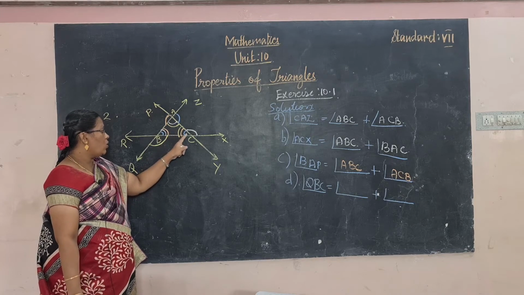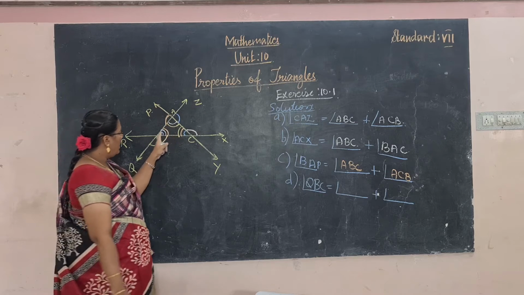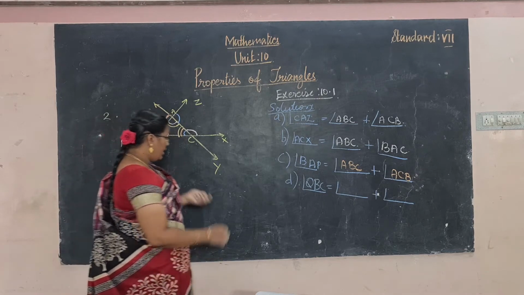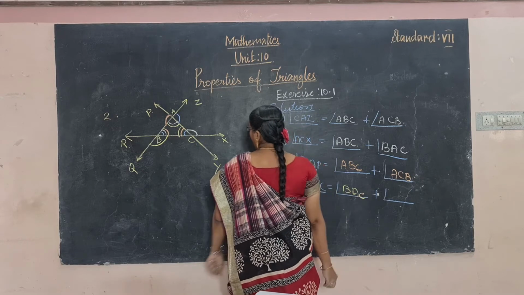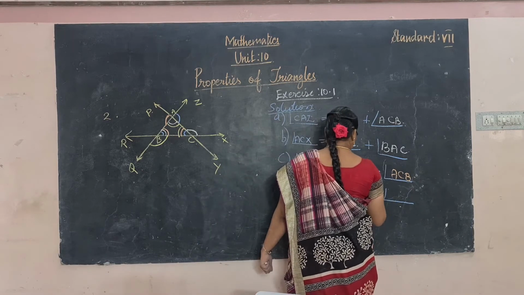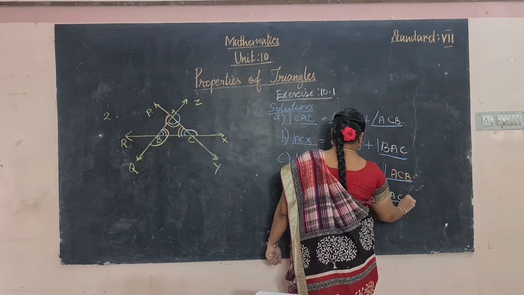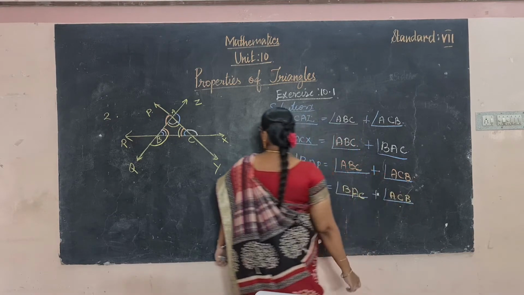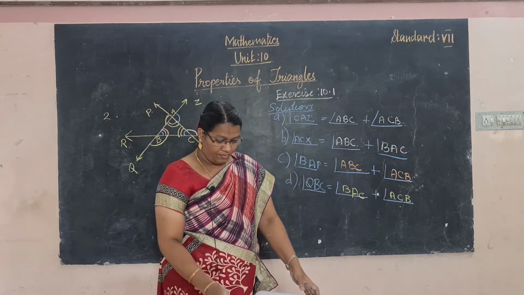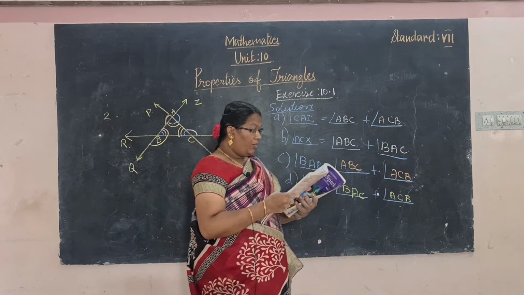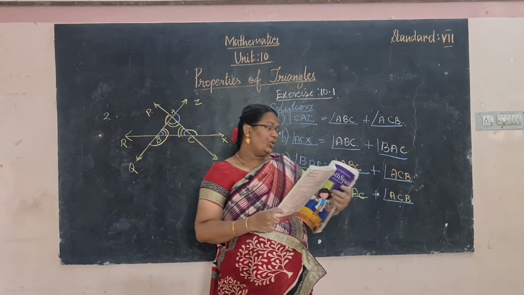So these two are the interior opposite angles, BAC and ACB. And the remaining two of them you have to find out. That's your homework. Now move to the third one.